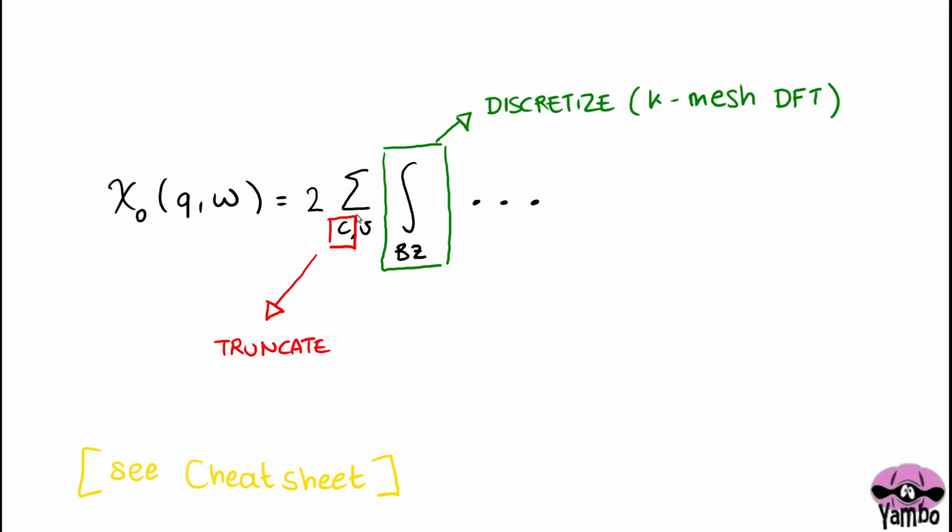In the case of the density response in the independent particle approximation, we need to truncate, for example, the sum over the conduction bands, and all the integrals over the Brillouin zone need to be discretized. In this case you will use the same k-mesh that you used in your density functional calculation. So if you have to change that, you have to repeat the density functional theory calculation.